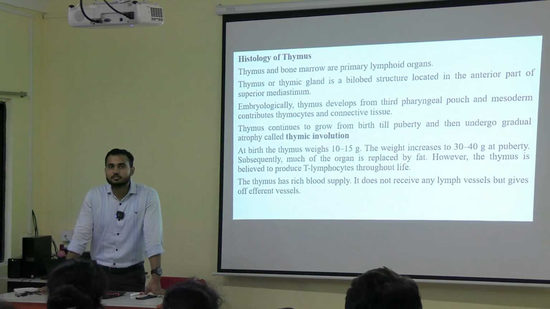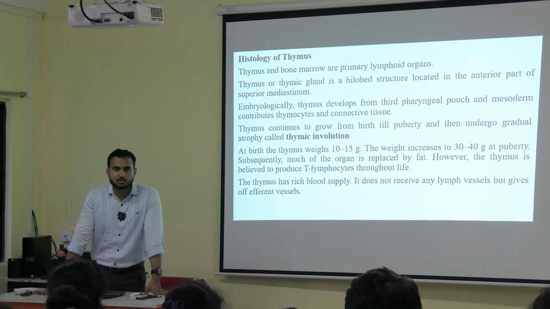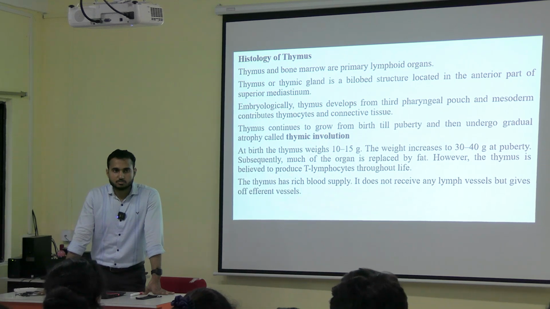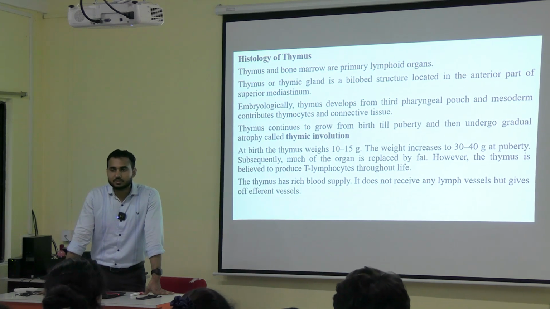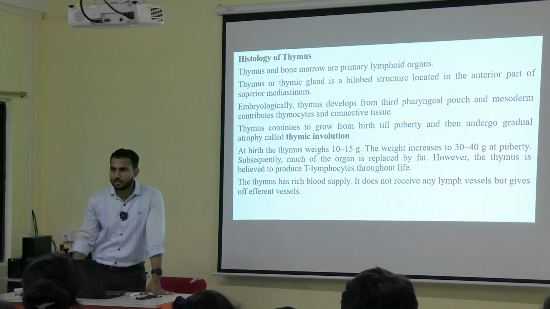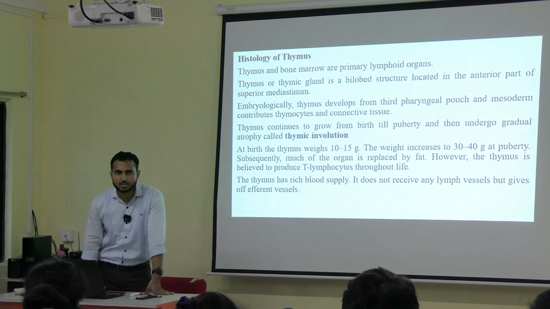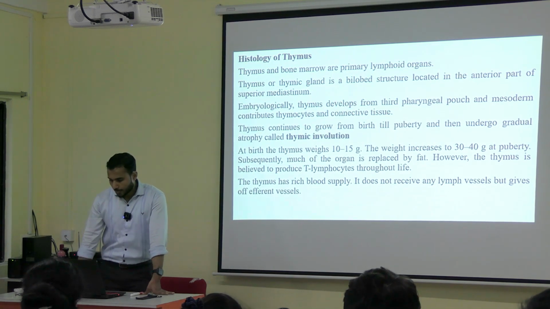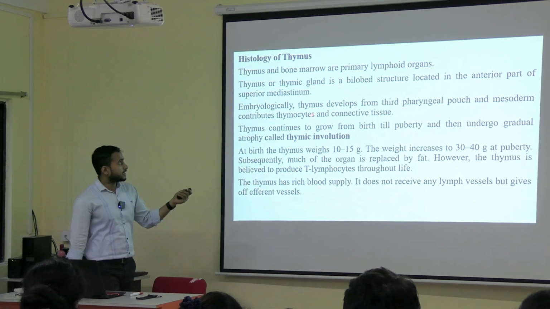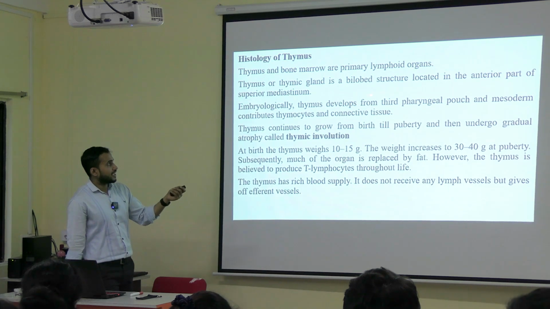The students used to get confused. Why can't you see the thymus in those cadavers? Degenerated, yes. After puberty it degenerates. So that's why mostly it is not seen. So the thymus, first of all, is a primary lymphoid organ, just like the bone marrow, a bilobed structure.